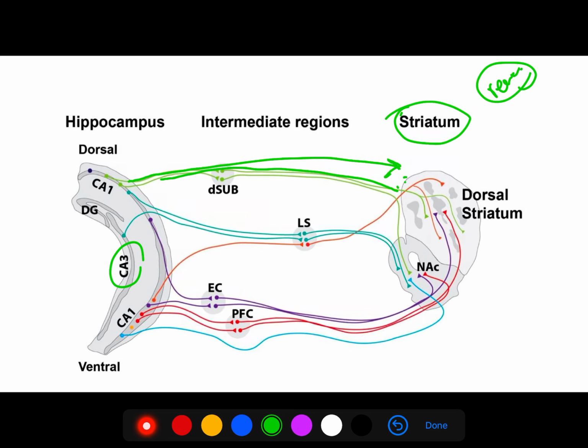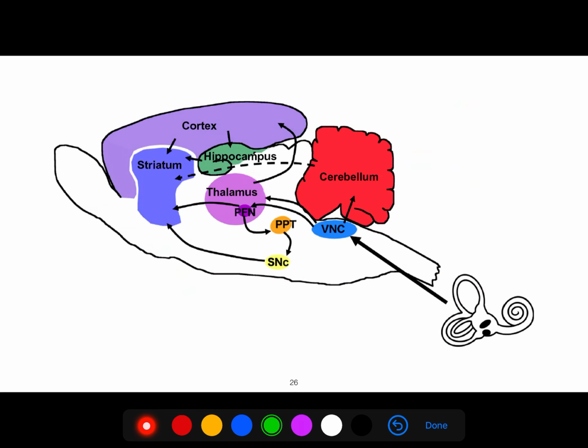After separation, the reward mechanism can assign a reward, can evaluate that. Just like any kind of actor-critic algorithm that you use for reinforcement learning can be implemented as this model. So now the striatum is connected to cortex.